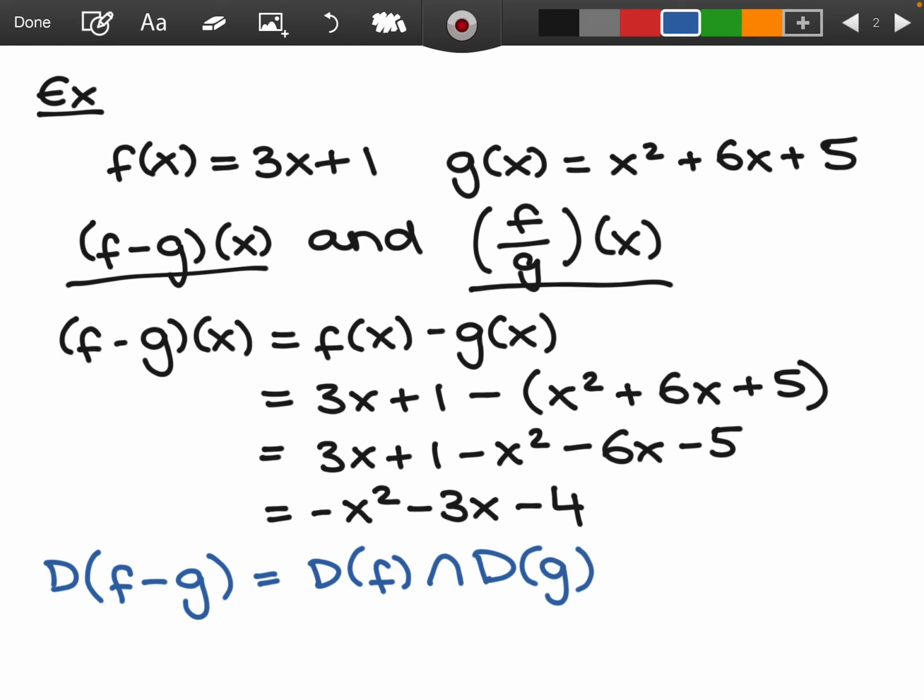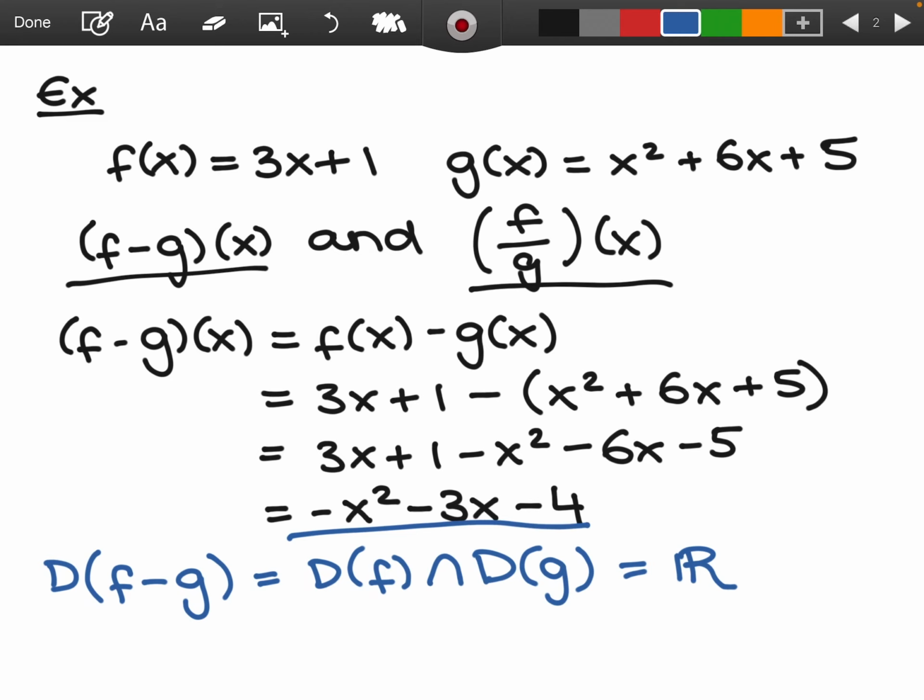So in this case, both of my domains are all real numbers, hence the domain is just, again, all real numbers for f minus g. Because you can see here, I end up with another polynomial. There are no points for which this is undefined, therefore my domain is all real numbers.